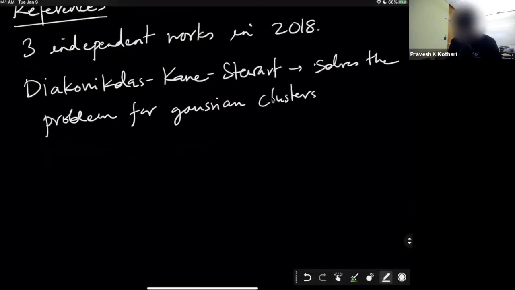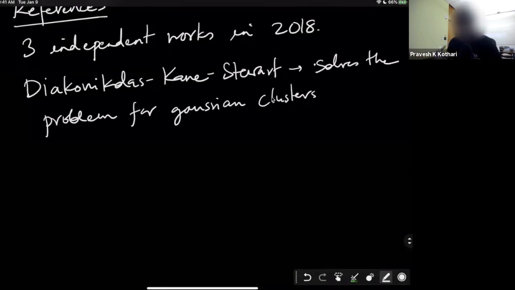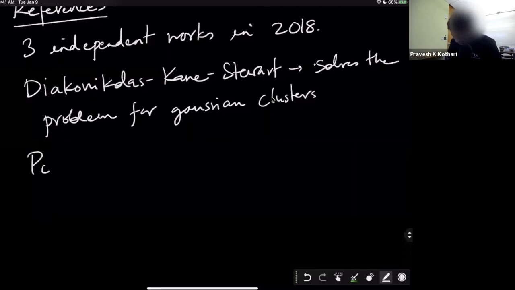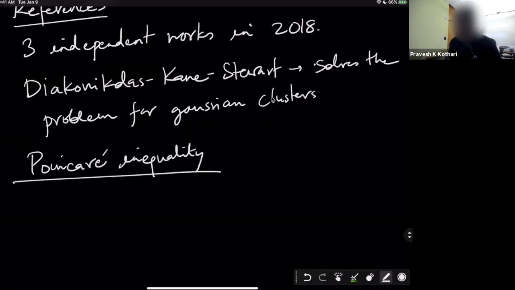But it turns out that the proof that I'm going to describe to you today will use very little about Gaussians, and so it will extend to more general distributions. It will generalize to distributions which all satisfy a certain analytic inequality called the Poincare inequality. We will not go into what this means at all today. But there's a much more general class of distributions than Gaussians that satisfies this inequality.